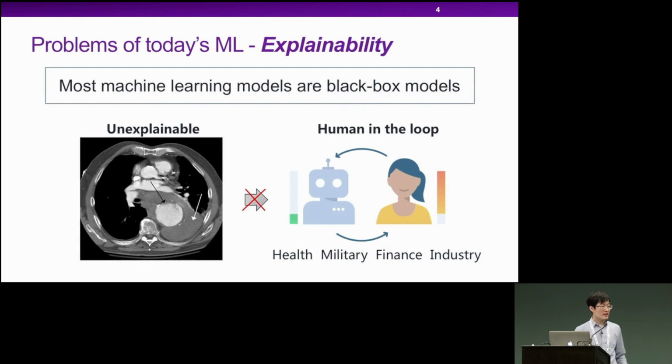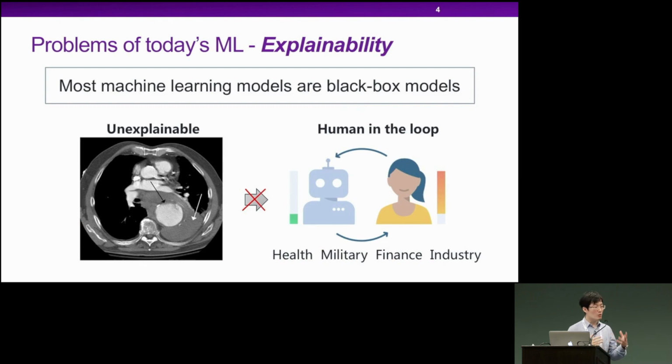We think that the final pattern of AI or machine learning techniques in future life should be the human-in-the-loop pattern. In risk-sensitive areas like health, the military, finance, and also industry, we can never purely rely on an algorithm to make a decision, right? The human should collaborate with the algorithm so that we can collaboratively make a better decision.